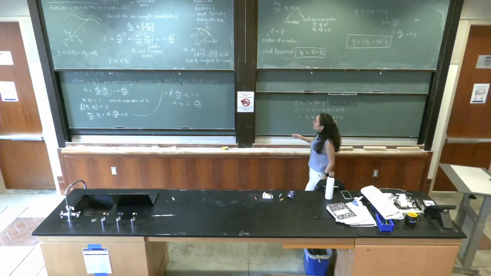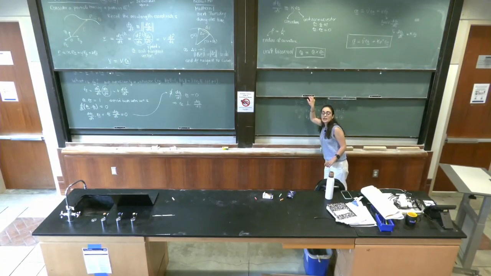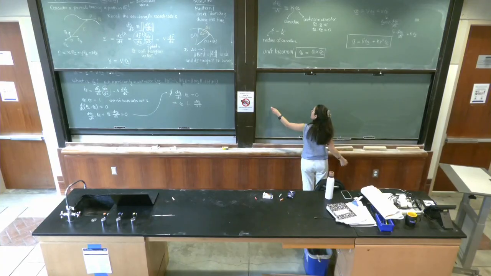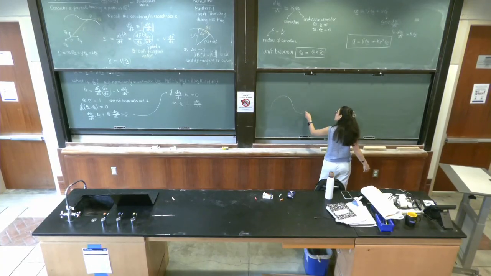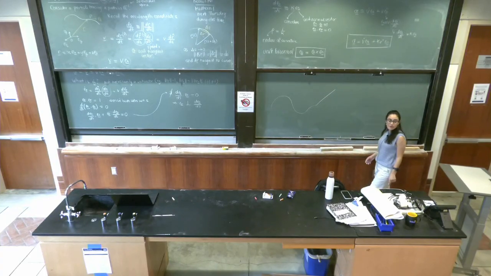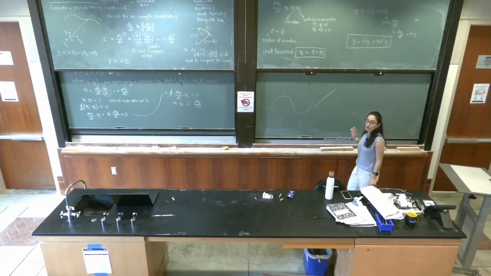Okay, but before that, since the Serret-Frenet basis depends on the curve, I want to take some curve and draw the Serret-Frenet basis at different points on the curve.